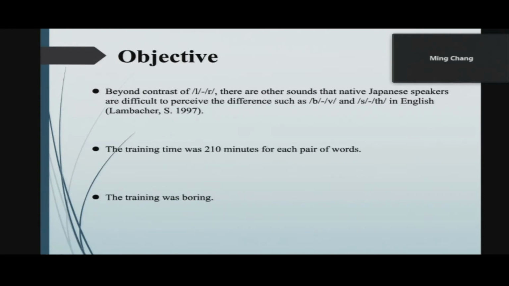The second one: the training time was 210 minutes for each pair of words. We want to do it in less time, so we reduced the training time from 210 minutes to 48 minutes in this study. The last one: the training in the previous study was a little bit boring, so we designed a BCI game.